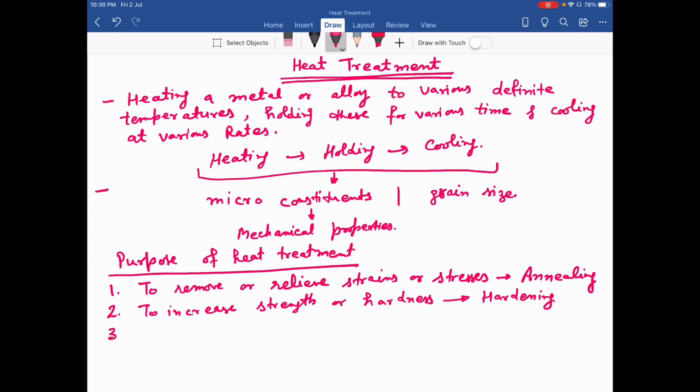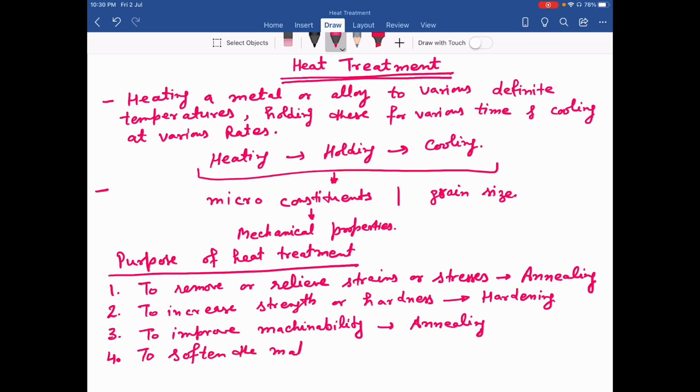Another purpose of heat treatment is to improve machinability. So this we can do with the help of annealing. Another purpose is to soften the material. So again we can use annealing process.